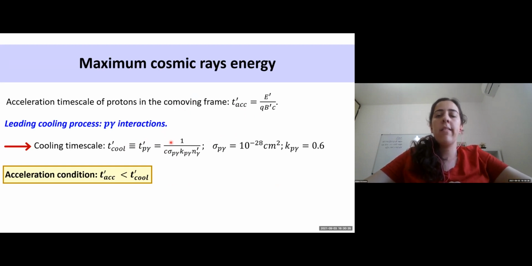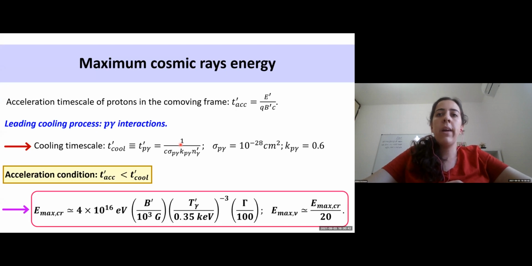And we know that as long as the acceleration timescale is smaller than the cooling timescale, the protons would keep being accelerated. So by equating these two timescales, we find that the maximum energy that our cosmic rays can reach is about 4 times 10^16 electron volts, while the accurate value depends on the magnetic field of the jets in the moving frame, on the temperature of the photons that interact with the protons, and on the gamma factor, the Lorentz factor, in our model.